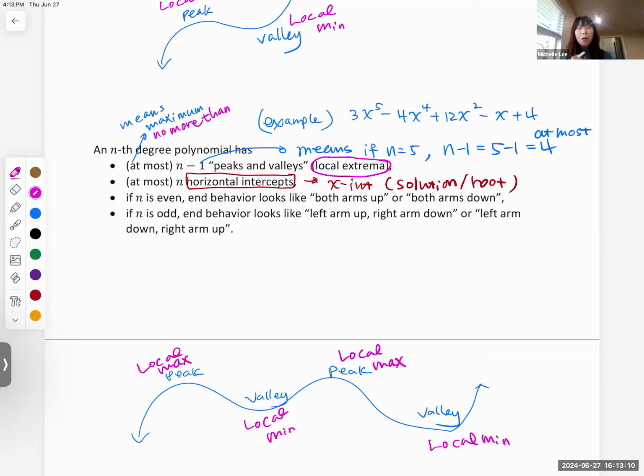All right. Okay. Now, next sentence. If n is even, and behavior.